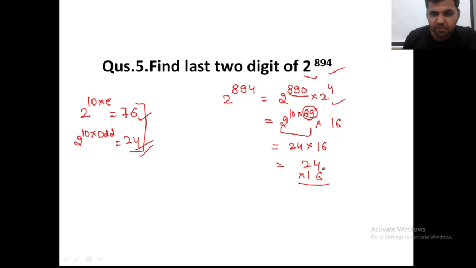You can use the crisscross method if you cannot multiply directly. 6 into 4 is 24, right? So the last digit would be 4 and you will have a carry forward of 2. 2 into 6 is 12 and 4 into 1 is 4. 12 plus 4 is 16. 16 plus 2 is 18. So you will write down the 8. 84 is the right answer.